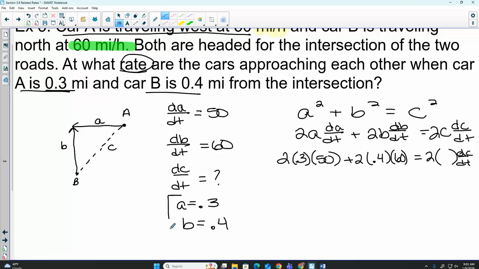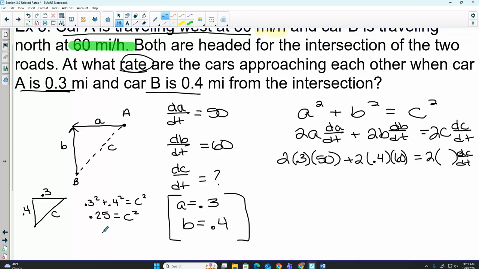The particular instant we know these sides are 0.3 and 0.4. So we could find the C at that instant. 0.25 equals c squared. So c at that instant is 0.5.